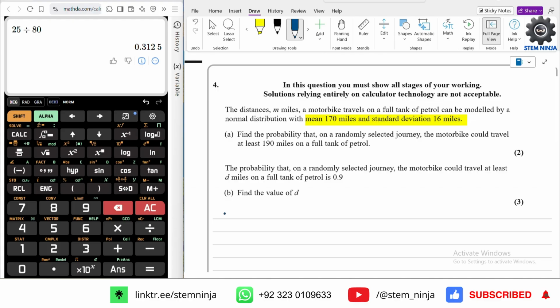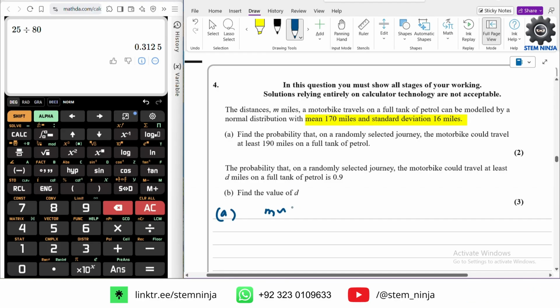So let's first write it out. The distance is m miles, normally distributed, mean is 170, and variance being 16 squared.